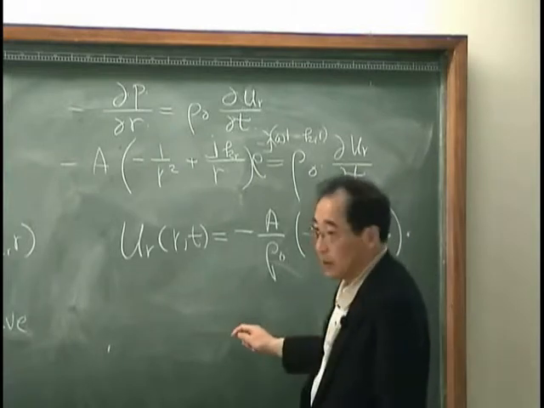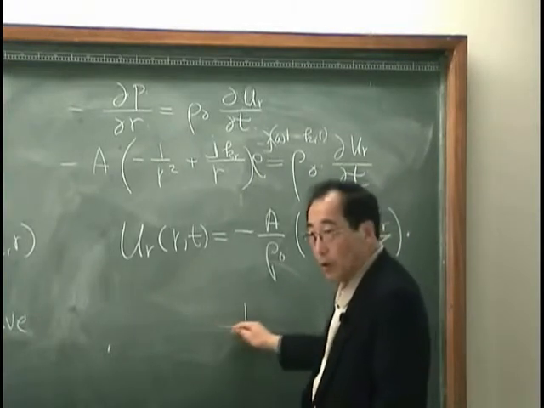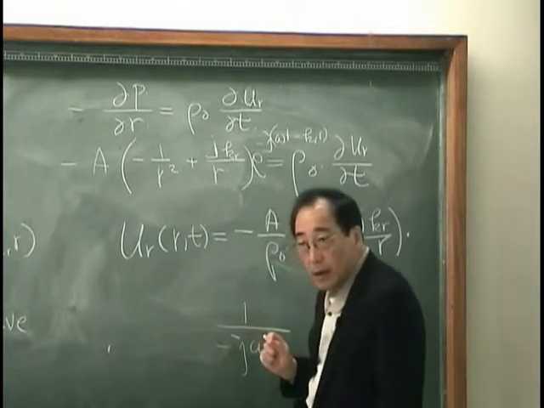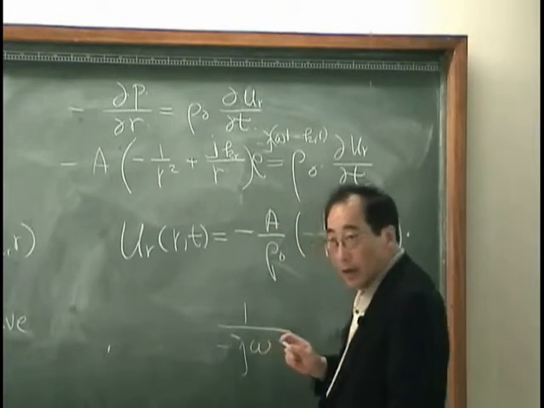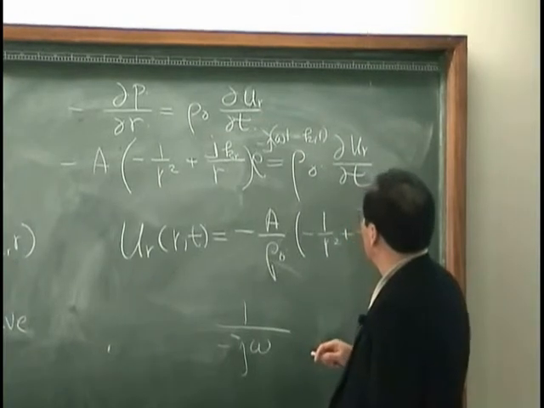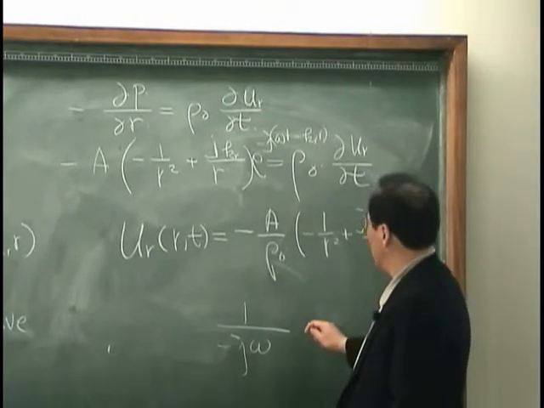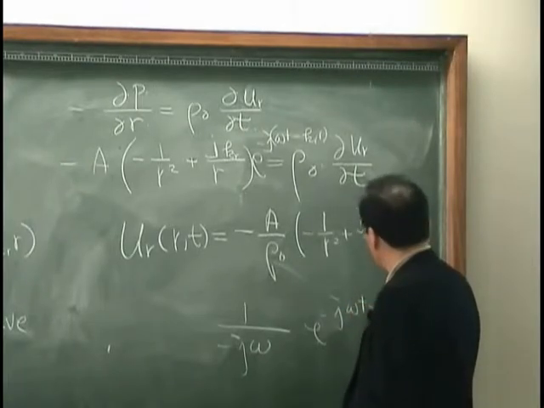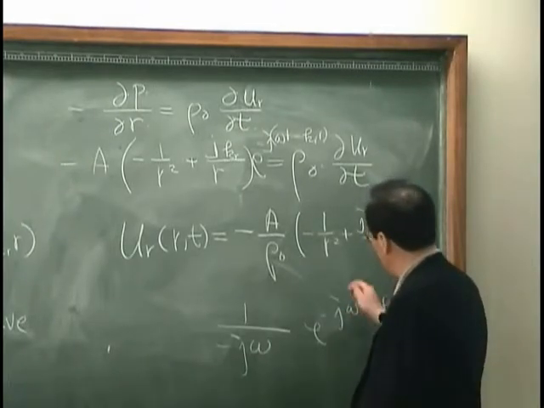That gives me 1 over minus j omega. Okay? And then I have exponential minus j omega t minus kr.